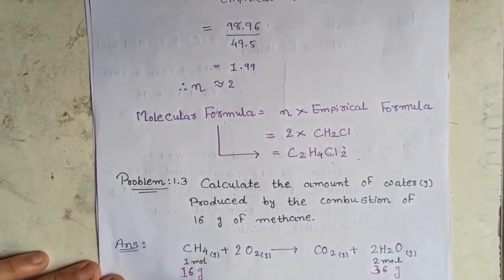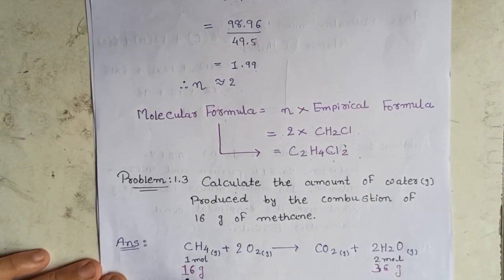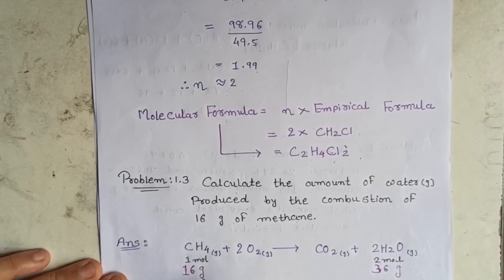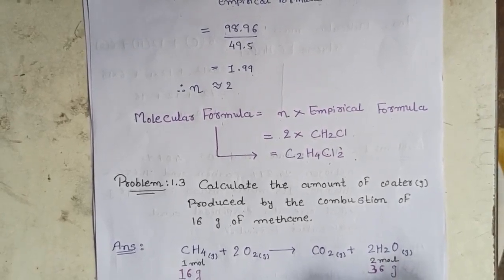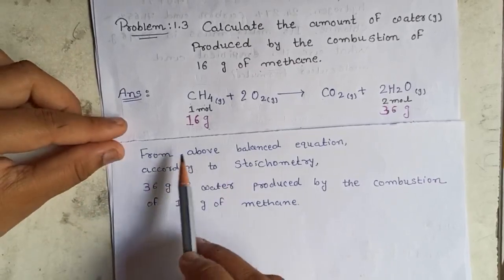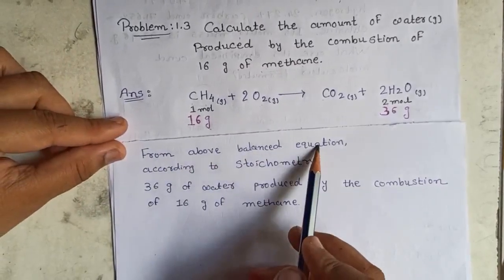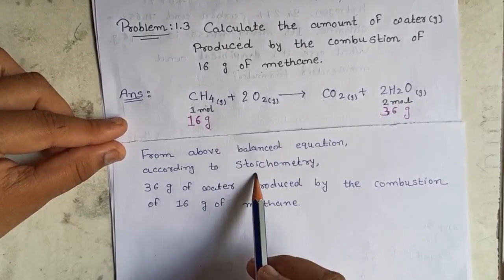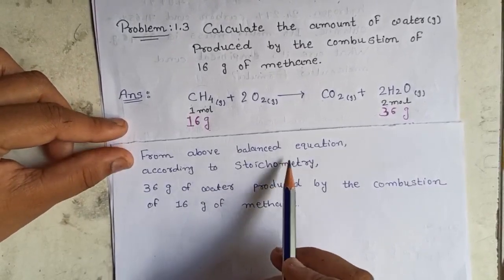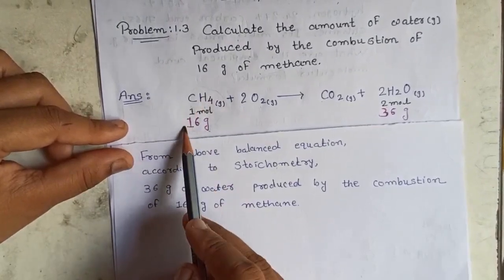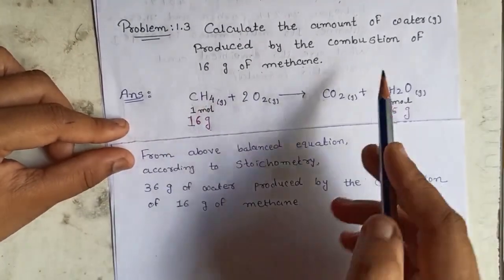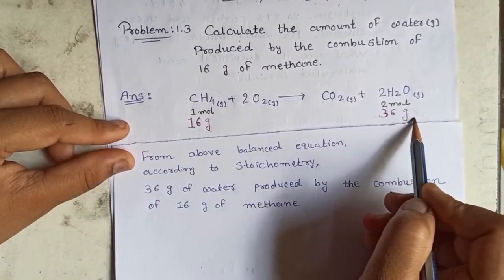Or we can also say that whenever 16 gram of methane is combusted, 36 gram of water is produced. From the above balanced equation, according to stoichiometry, whenever 16 gram of methane is combusted, it will produce 36 gram of water.